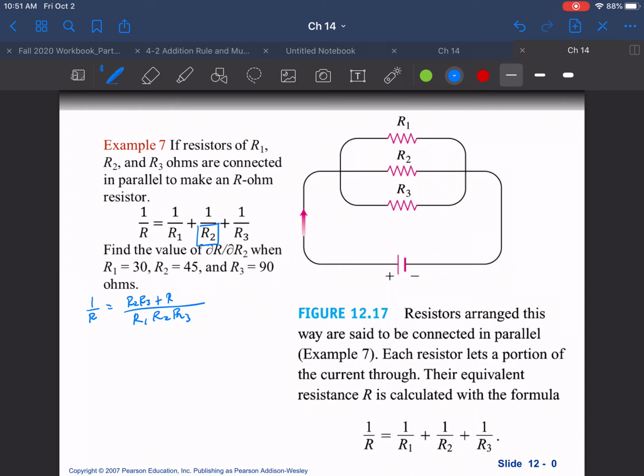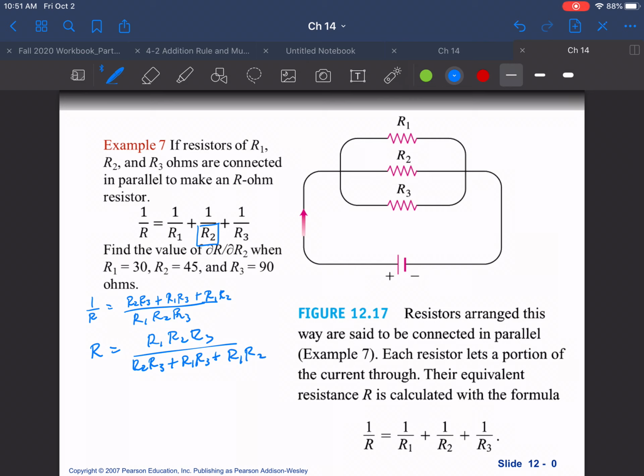The middle one would be R1, R3, and the last one would be R1, R2. And so then I can just solve this for R, which is R1 R2 R3 over R2 R3 plus R1 R3 plus R1 R2.